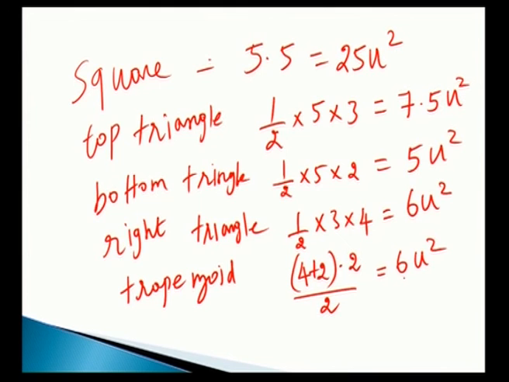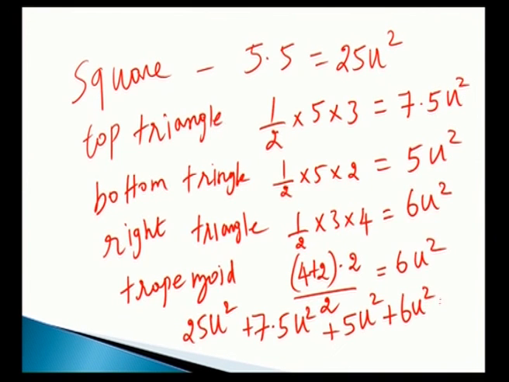This is the trapezoid. So, sum of all these areas like 25 unit square plus 7.5 unit square plus 5 unit square plus 6 unit square, then one more 6 unit square. Sum of all these things gives 49.5 unit square. So, this is the total area of the given figure. So, in this problem we found the area of the given figure.